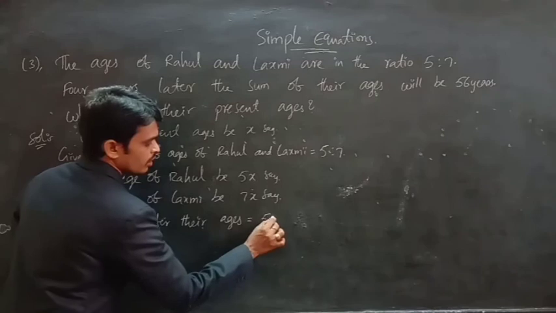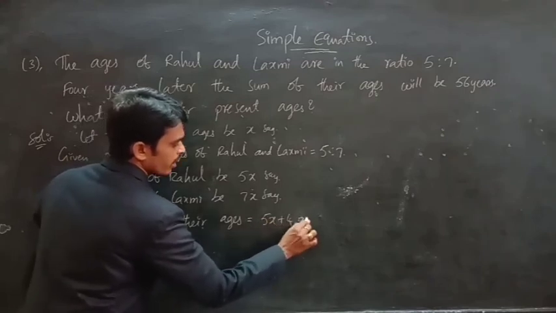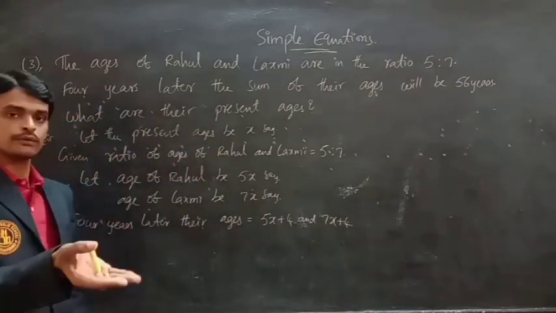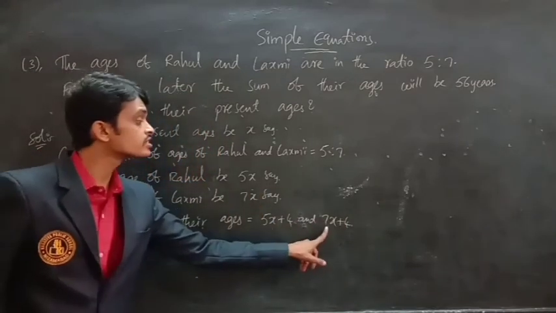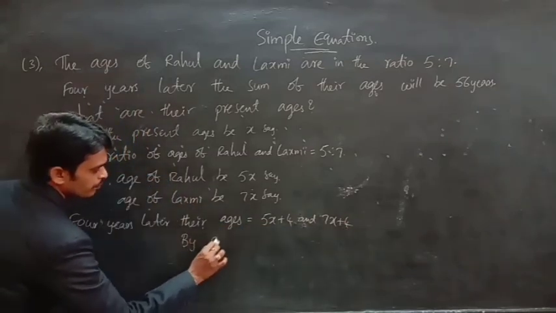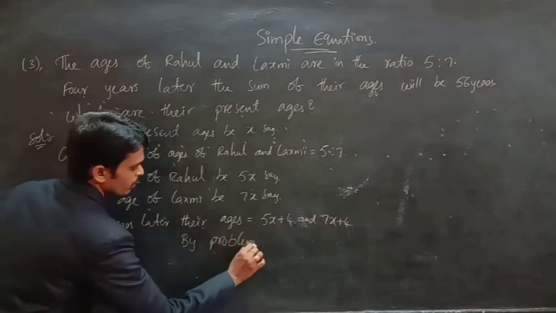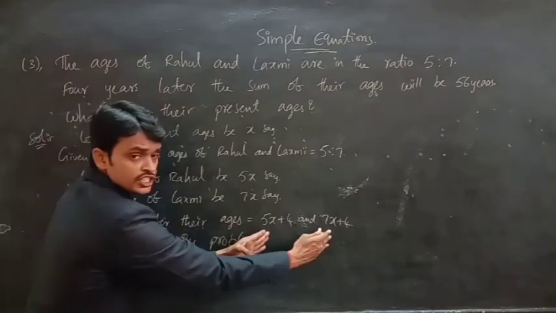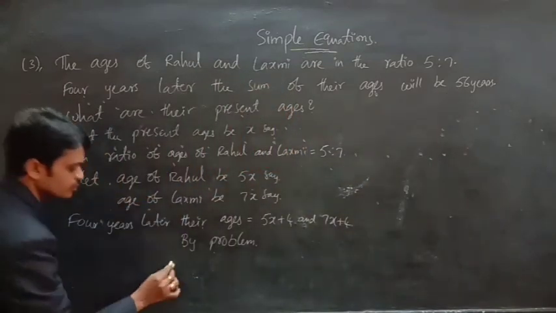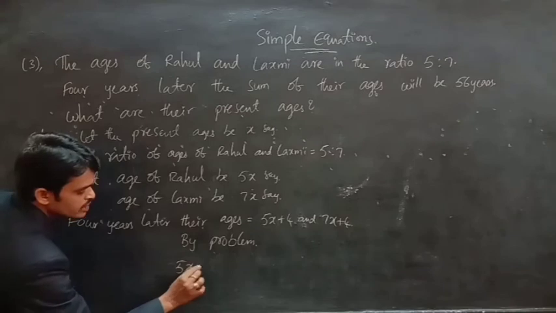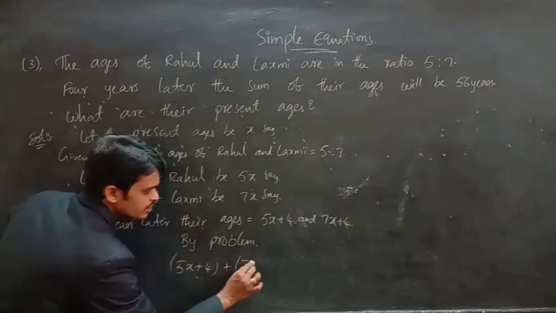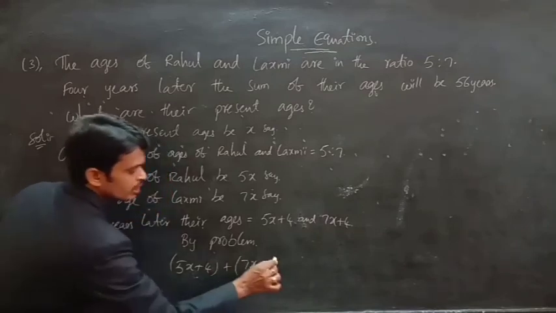So their ages are 5x plus 4 and 7x plus 4. Now by the problem, the sum of these ages is equal to how many years? 56 years. So 5x plus 4 plus 7x plus 4 is equal to how much? 56 years.